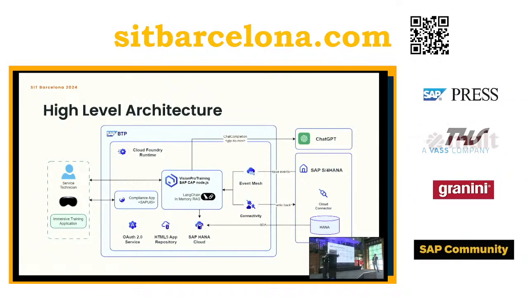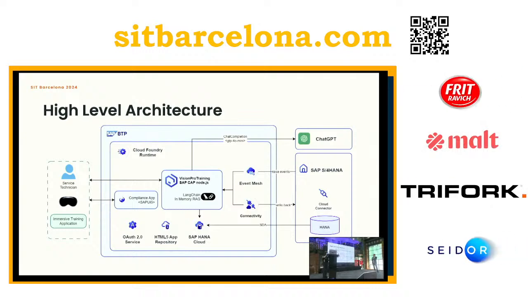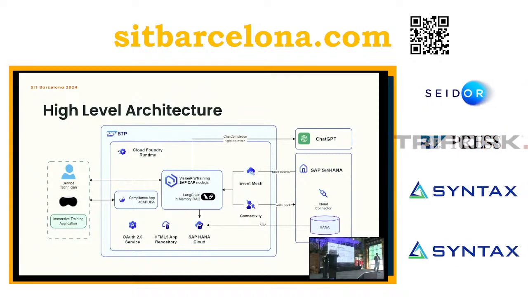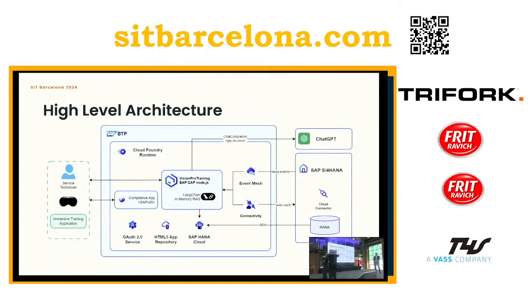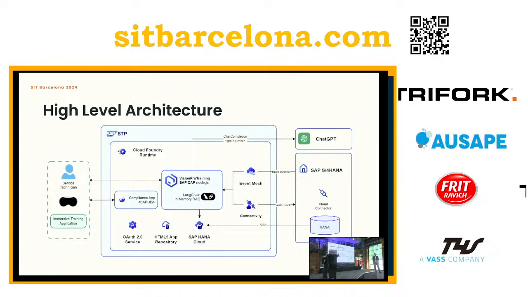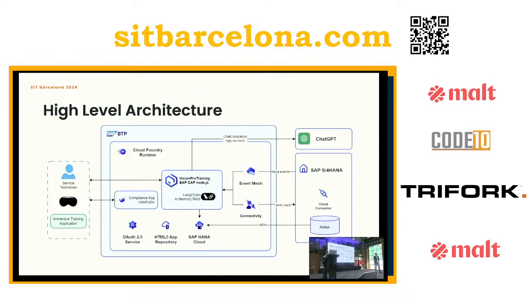We have all the nice bells and whistles, HTML5 repositories, OAuth 2, and all the nice things. For the RAG model, we're using LangChain to vectorize our data, and then using ChatGPT 4.0 just to do that chat interaction between the user and providing that context that we receive from the vector database.